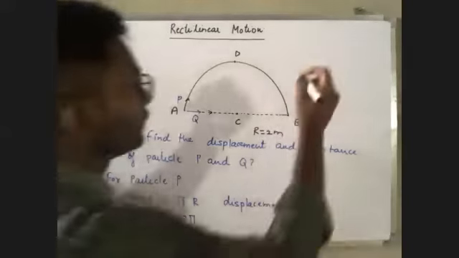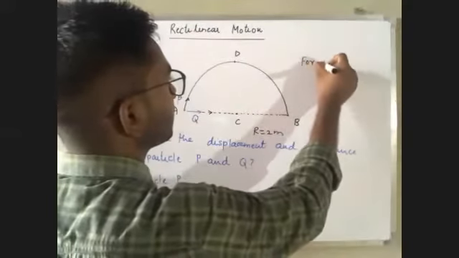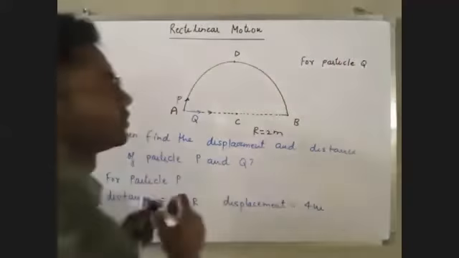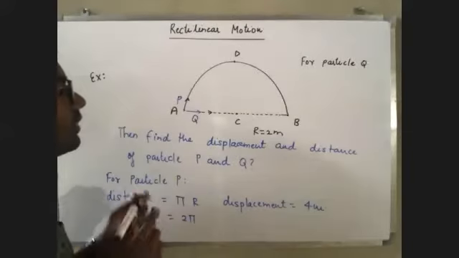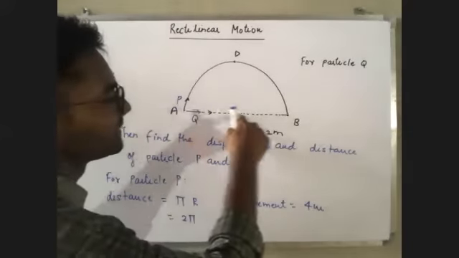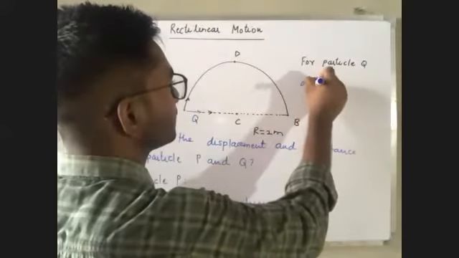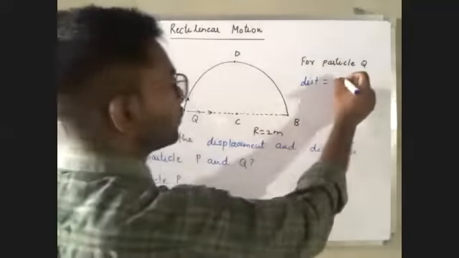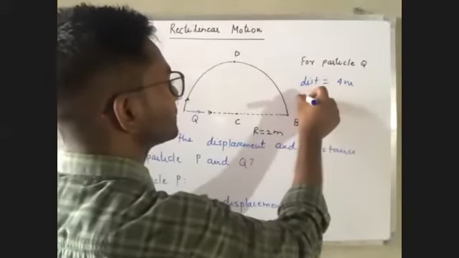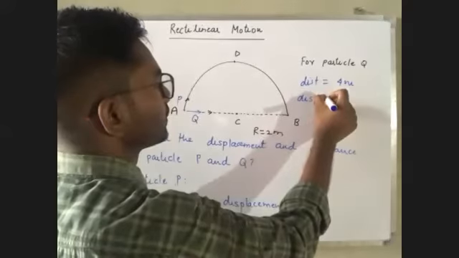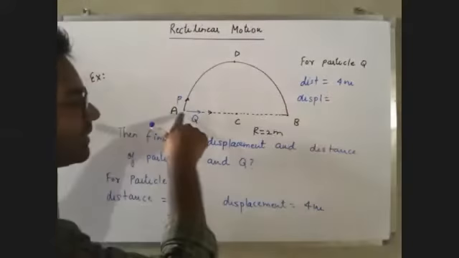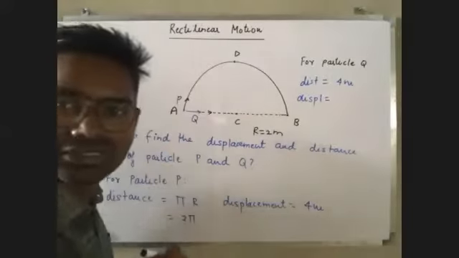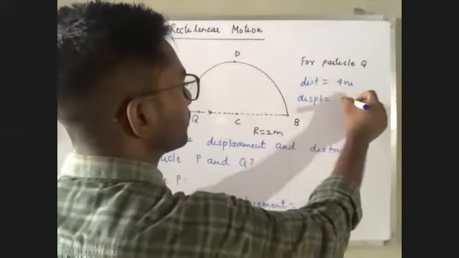For particle Q, it is moving along this straight line. So distance is nothing but distance traveled: 2 meters, 2 meters, total 4 meters. And displacement: the particle is moving along a straight line and the minimum distance is also the same thing, so it is going to be 4 meters.